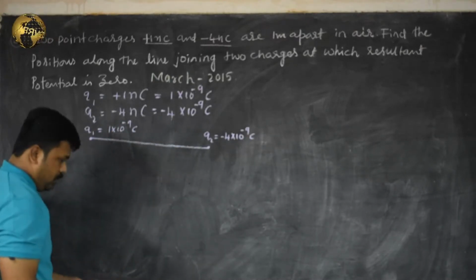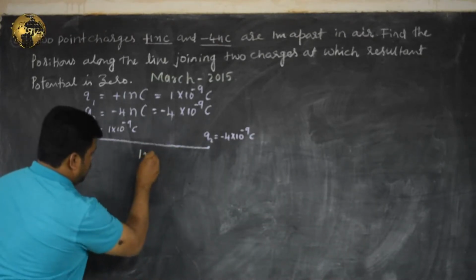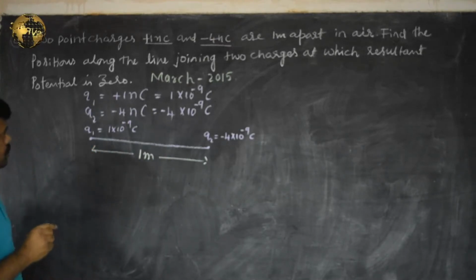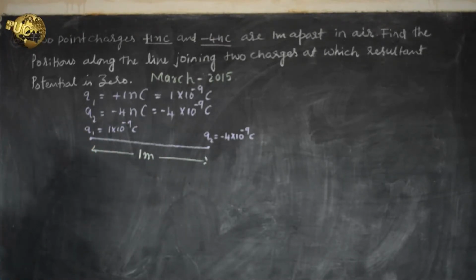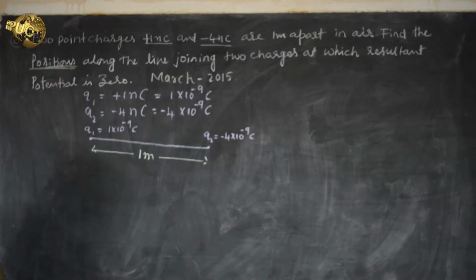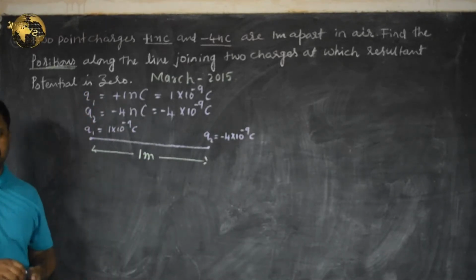The distance between them is 1 meter. Okay, 1 meter. This is the question: find the positions along the line joining the two charges at which the resultant potential is 0.